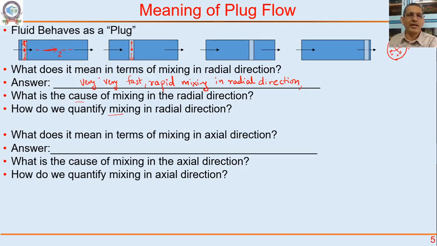In terms of axial direction, if I put some material here, if I put a reactant here, does it mix in the axial direction? So when we say plug flow, it means no mixing.